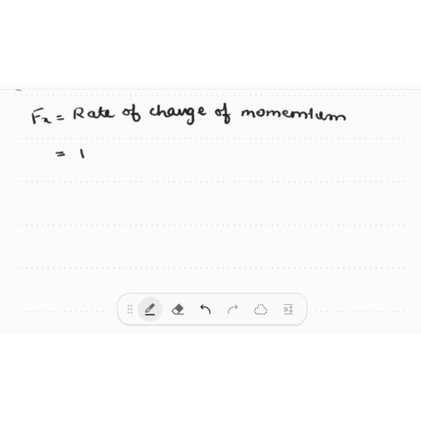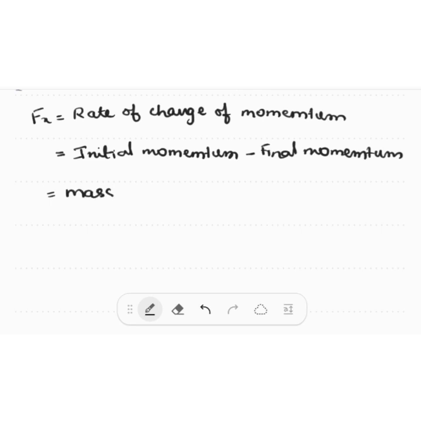I can write it as initial momentum minus final momentum. This momentum we can write as mass into acceleration, and acceleration is velocity per unit time.